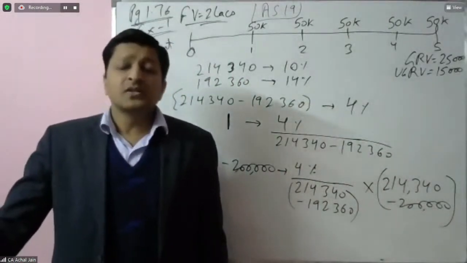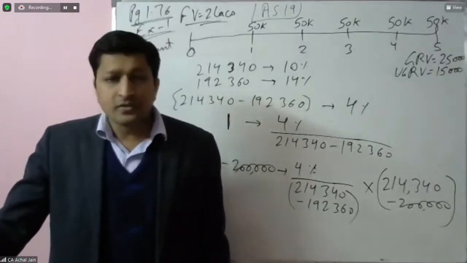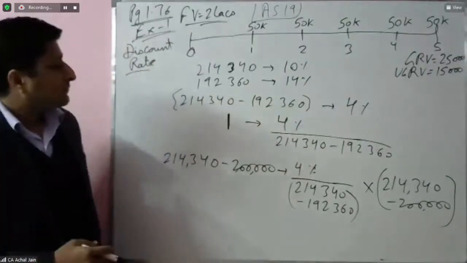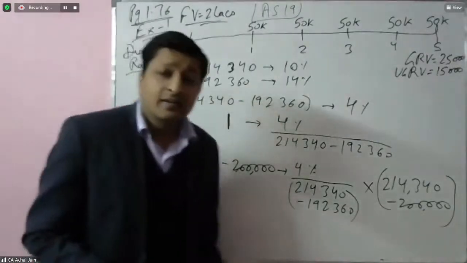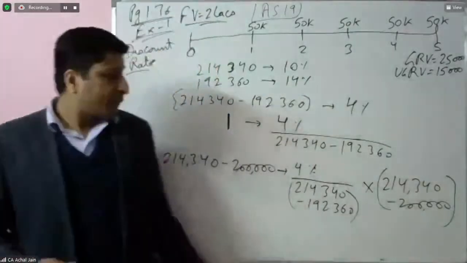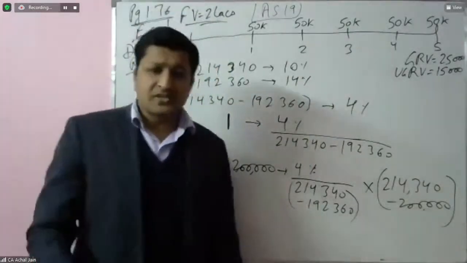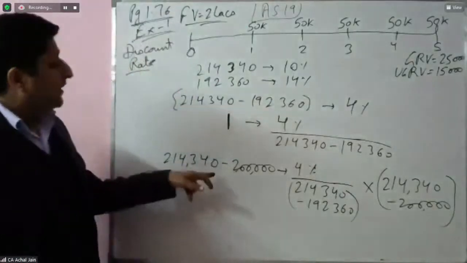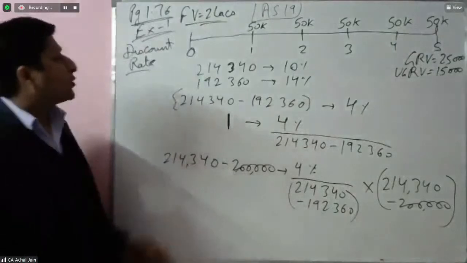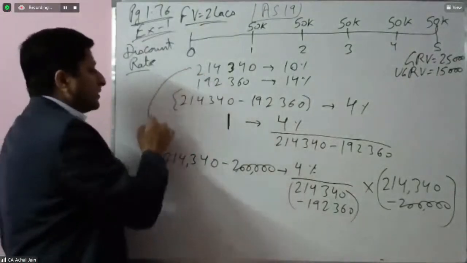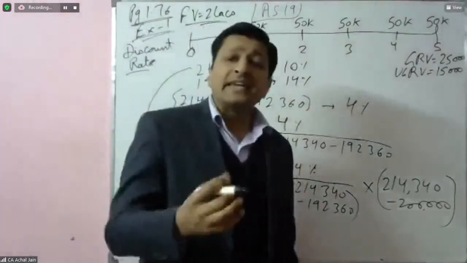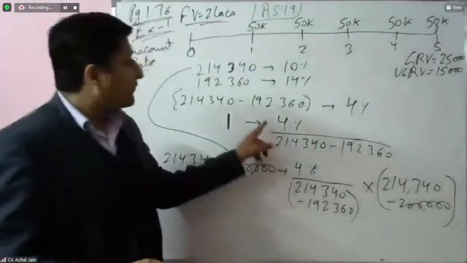So by this much, the rate has to change. Using this, we'll get 2.6%. It means if we want to reduce this amount to 2 lakh, then the rate increase should not be 4.